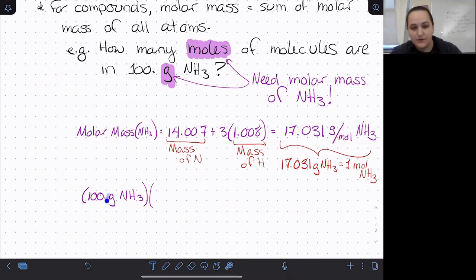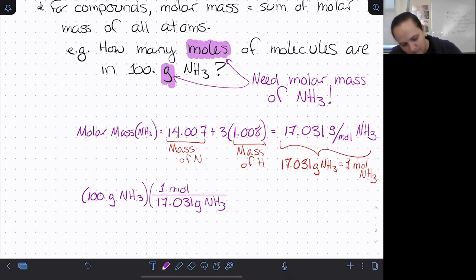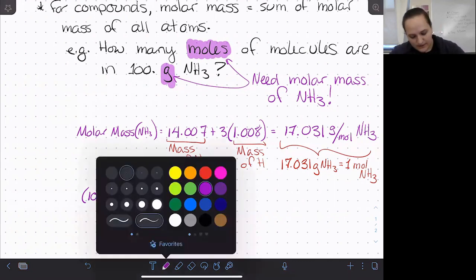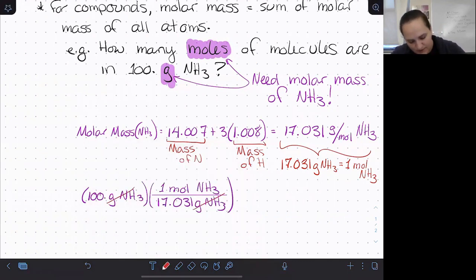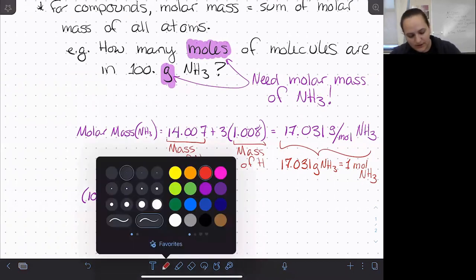If we're starting out in grams, we need grams to cancel, so the grams part has to go on the bottom. So we said 17.031 grams of ammonia was equivalent to 1 mole of ammonia. So our molar mass goes on the bottom so that grams cancels grams, leaves us in moles, which is what we were looking to find.